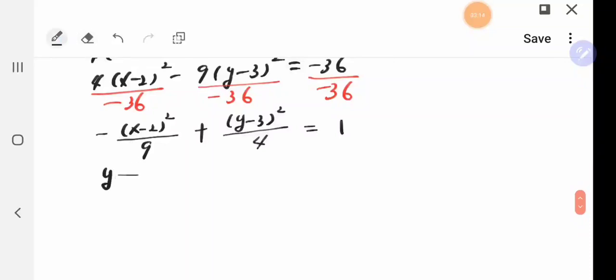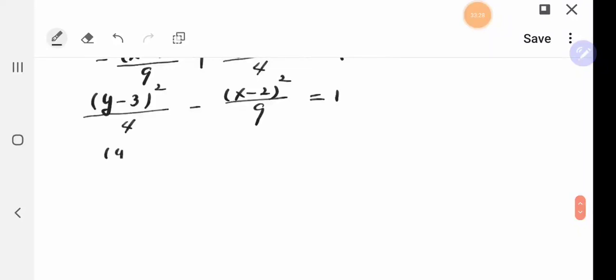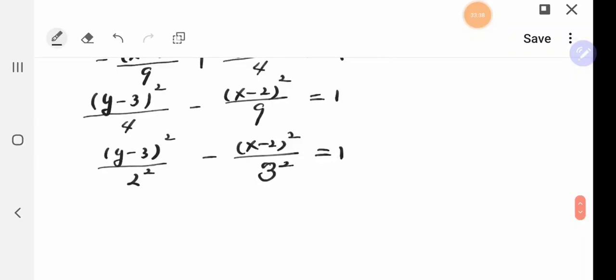So y minus 3 squared over 4, and 4 is 2 squared, minus x minus 2 squared over 9 is equal to 1. 9 is 3 squared. From this we can see that A is 2 and B is equal to 3.